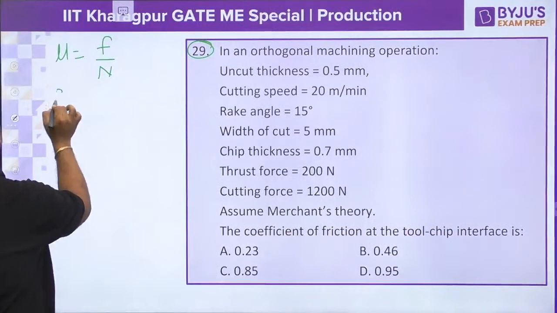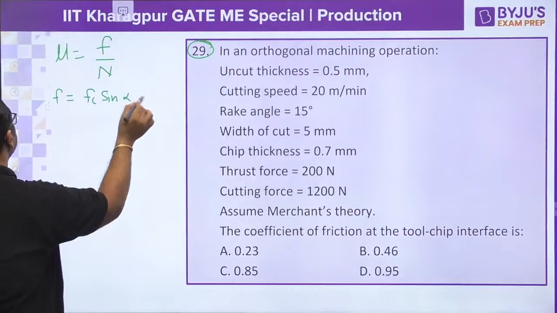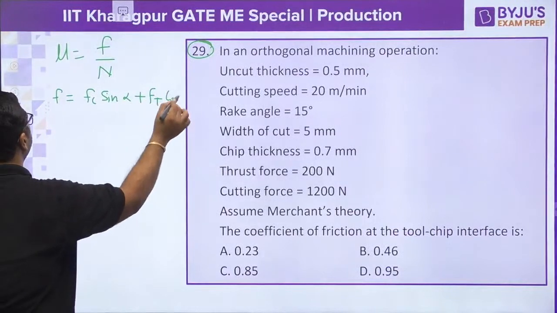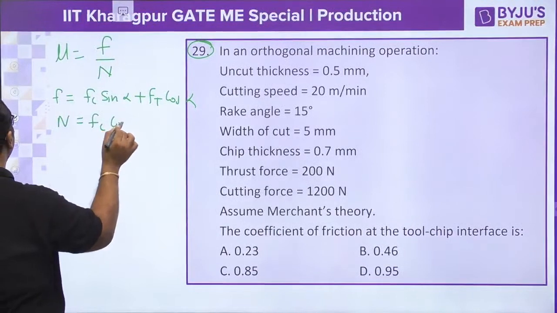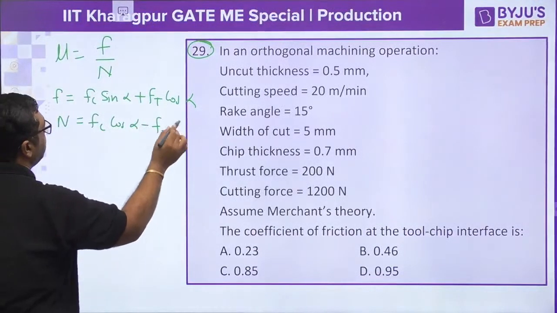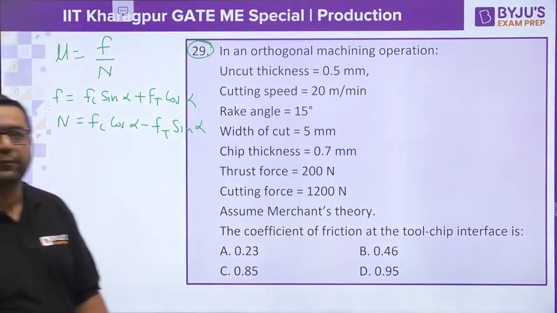And you very well know friction force is Fc sin alpha plus Ft cos alpha, and normal force is Fc cos alpha minus Ft sin alpha. Put the values, get the answer.